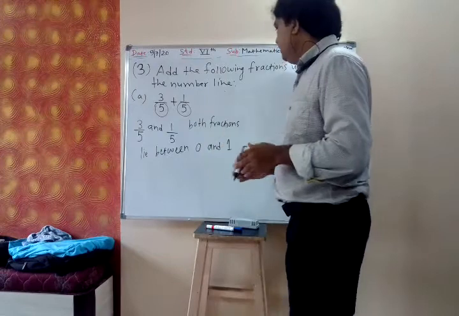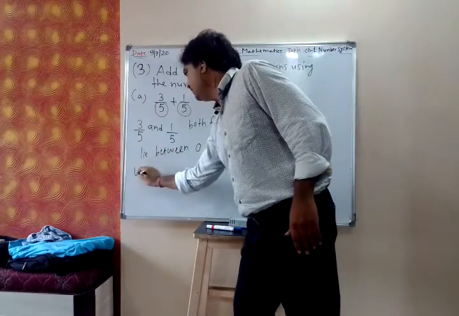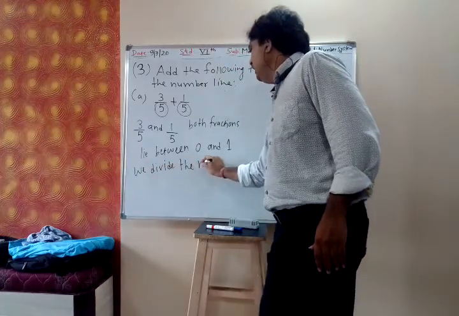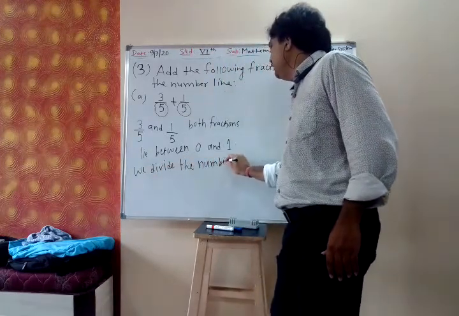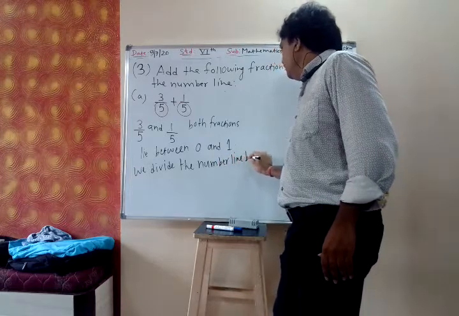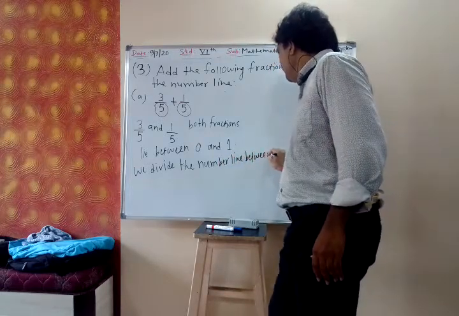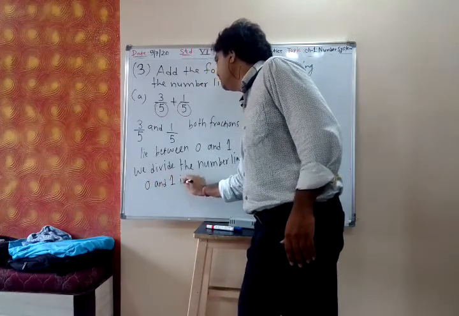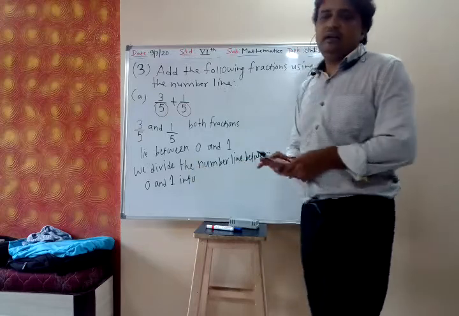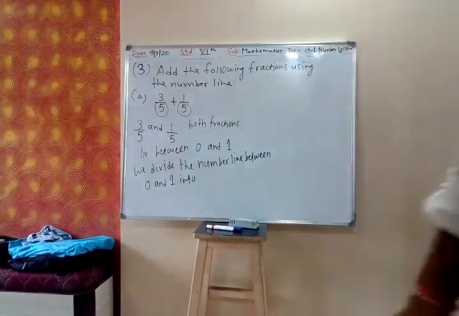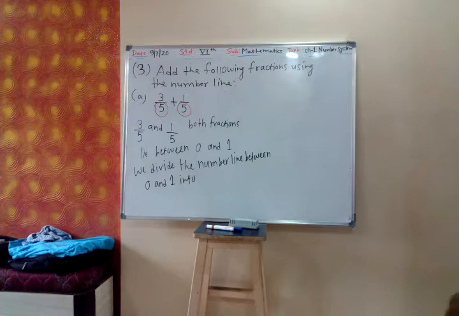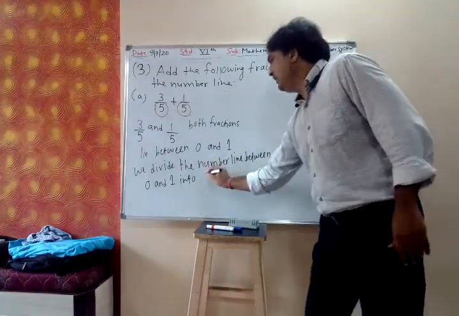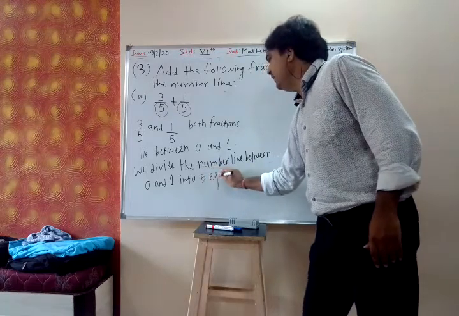And so we divide the number line between 0 and 1 into how many parts? Tell me, what is the denominator? 5. So into 5 equal parts.